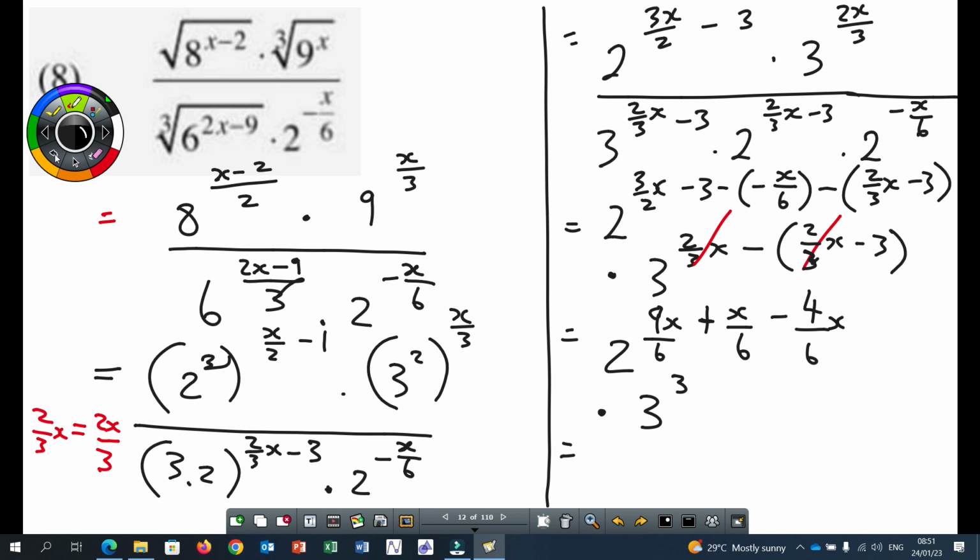Okay, wait. 9x plus x, that will give us 10x. Then you get 6x. So you end up getting 2 times 6x over 6 times 2 cubed. Alright, okay, so this will be 3 cubed. Okay, that will be 3 cubed. So eventually the final answer will be 2 to the power of x times 27.